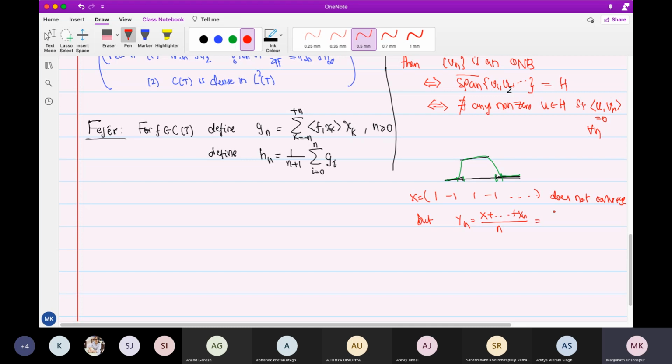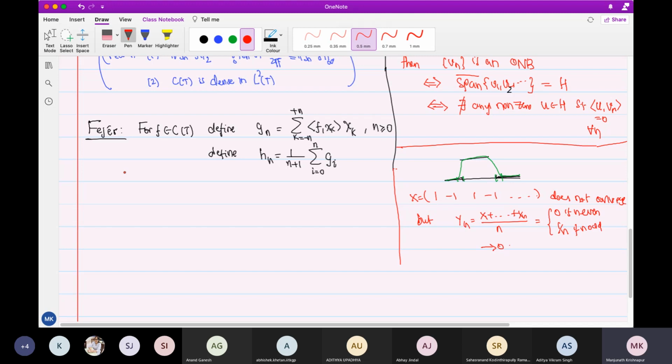Then that is 0 if n is even and 1 by n if n is odd. So this does go to 0. So averaging only improves convergence. This is a general point. Here is a case where the averages converge but the original sequence doesn't.